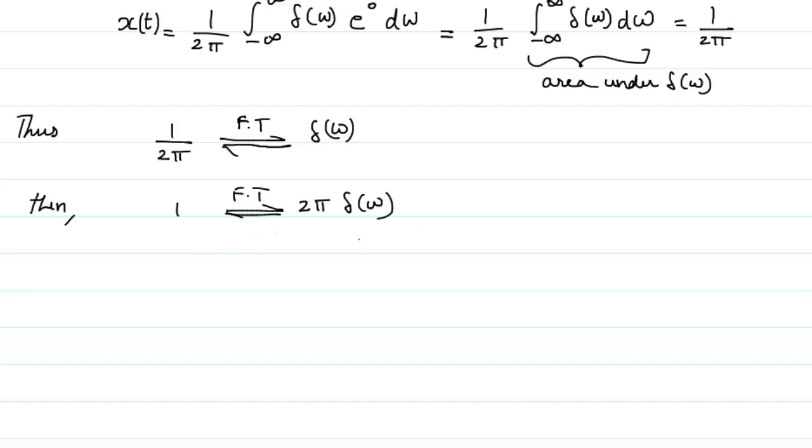Okay, therefore I can write, if I multiply with a, then for any constant function a, the Fourier transform of that will be 2 pi a times delta omega.